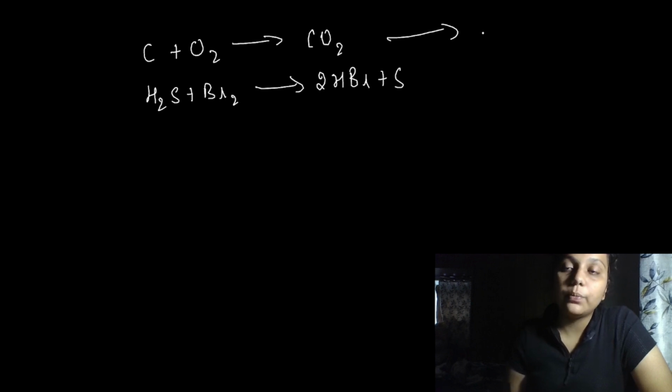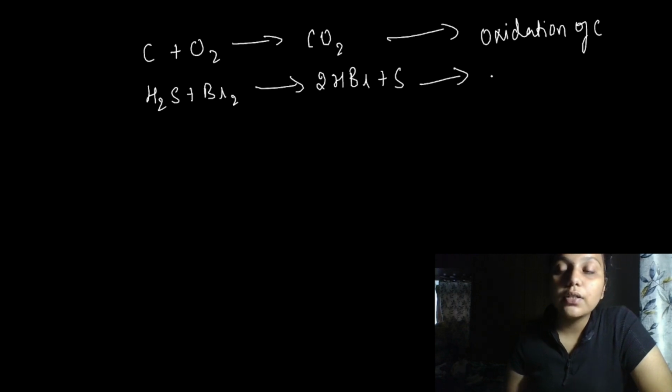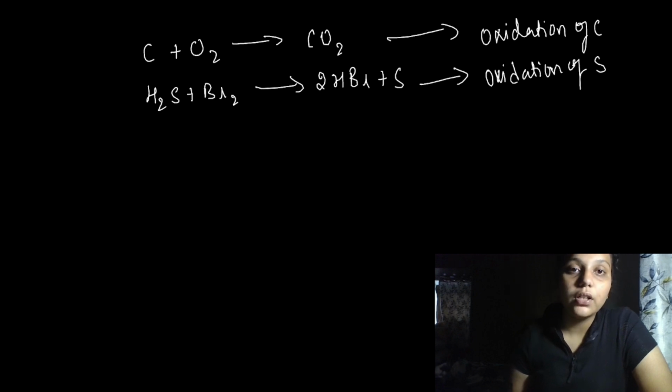Yes, it is happening, but oxidation of what? Oxidation of carbon is happening here. Here, from where we are removing hydrogen? From sulfur. So it is oxidation of sulfur. What we need to write? It is an oxidation of sulfur.